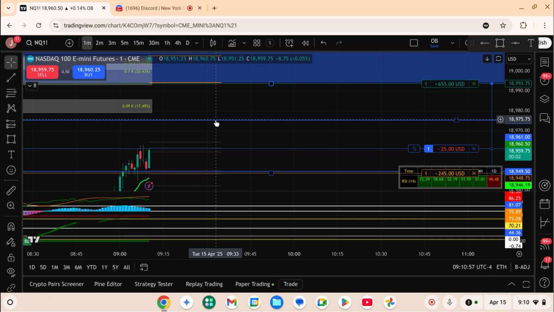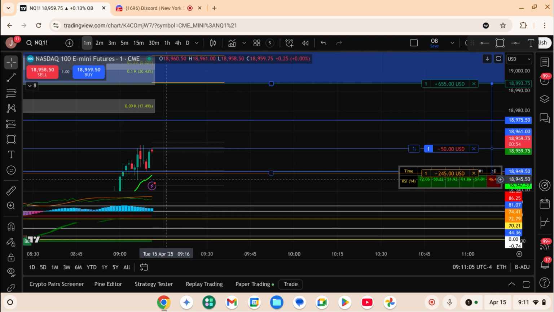If it breaks the half hour, it'll continue to do that. So if this one closed bullish, we'll put our stop right below that candle.